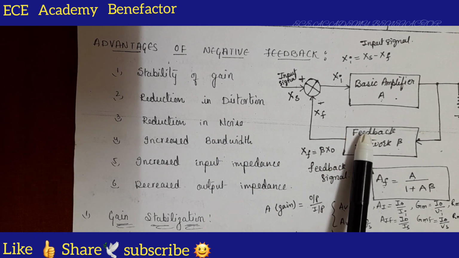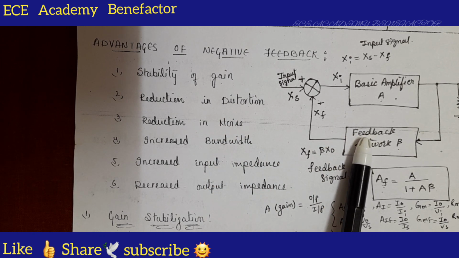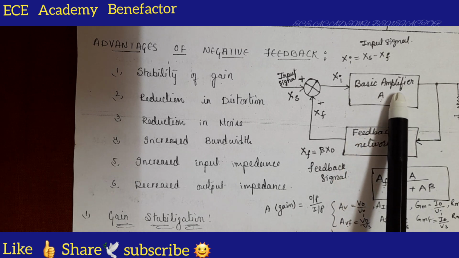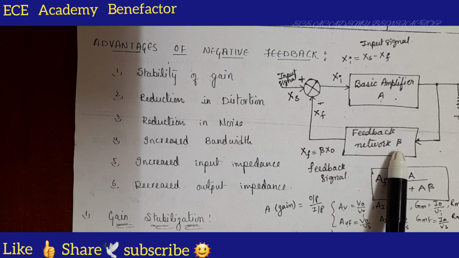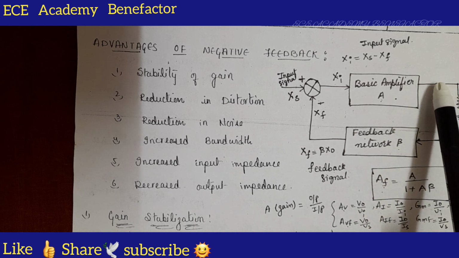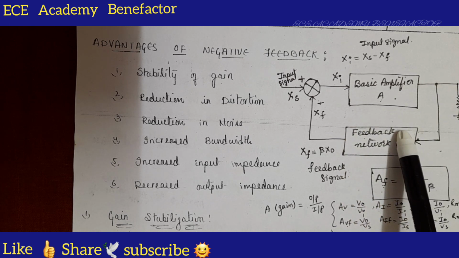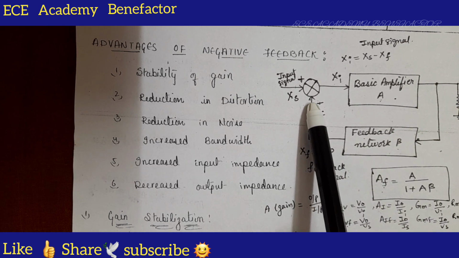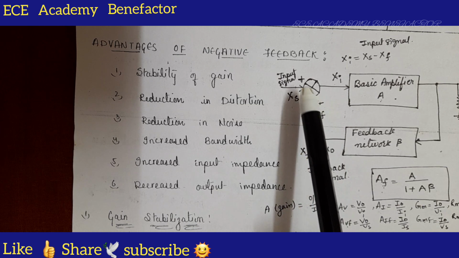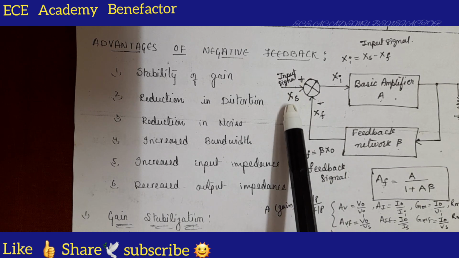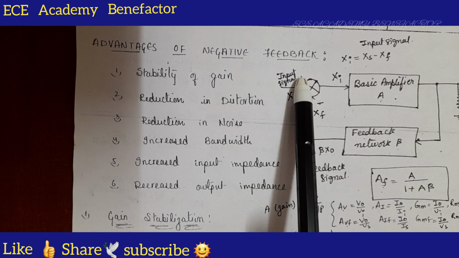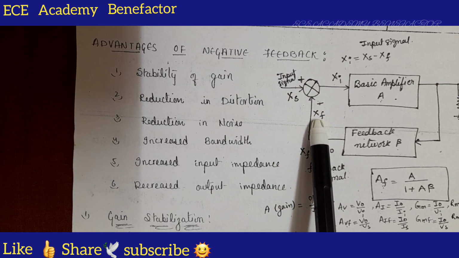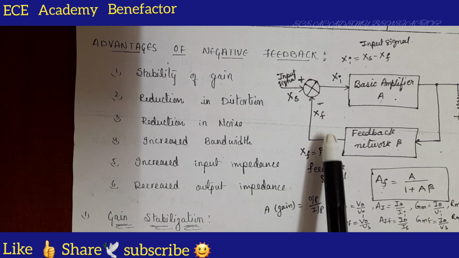So as you know, this is the block diagram of negative feedback amplifier. An amplifier of gain A and a feedback network of ratio beta, where the function of this feedback network is to take a part of output and send back to the input in opposite phase with the incoming signal. Let us say the incoming signal is Xs, which is shown with the polarity plus sign, and Xf is a feedback signal which is the part of output voltage.